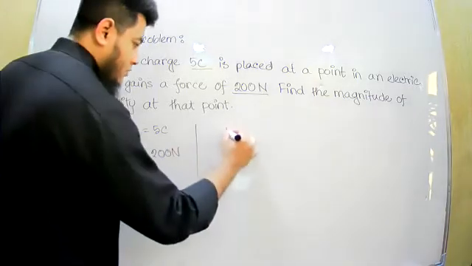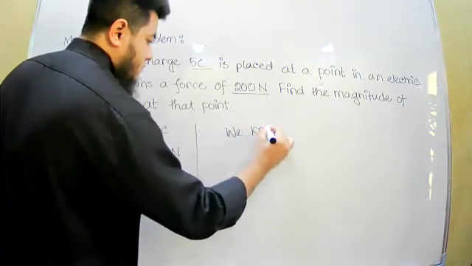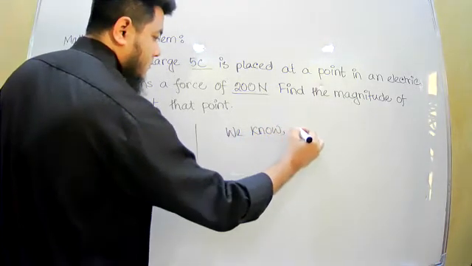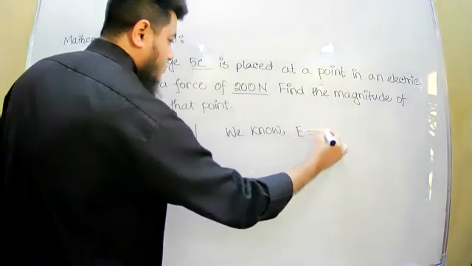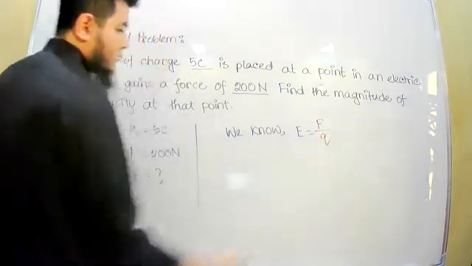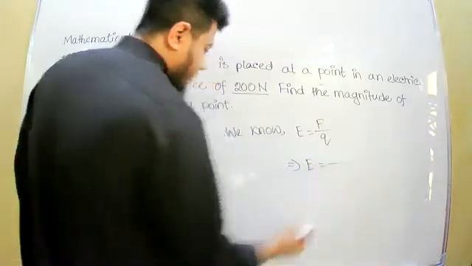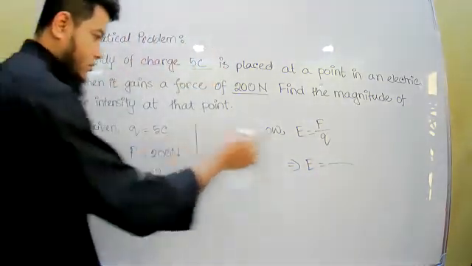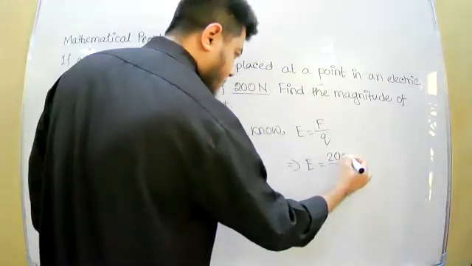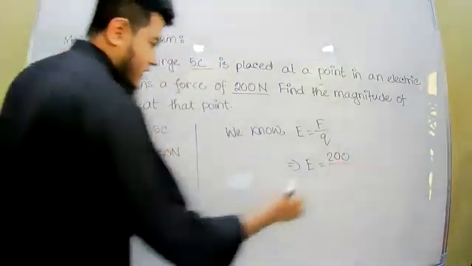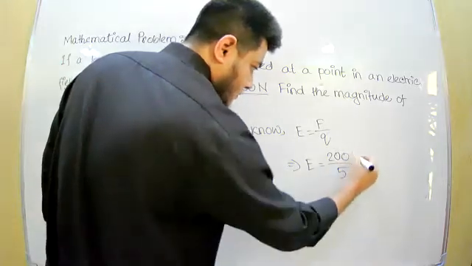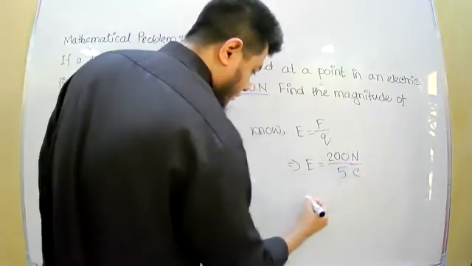So we know E is equal to F by Q. So E will be equal to, put the value of F, that is 200, divided by Q, that is 5, Newton by Coulomb.